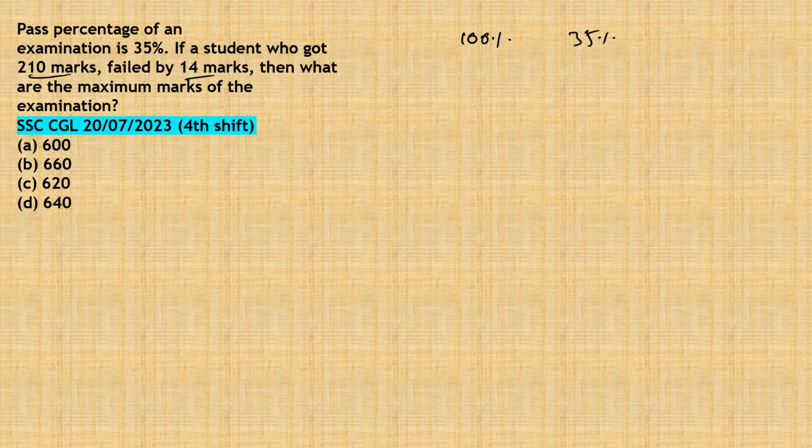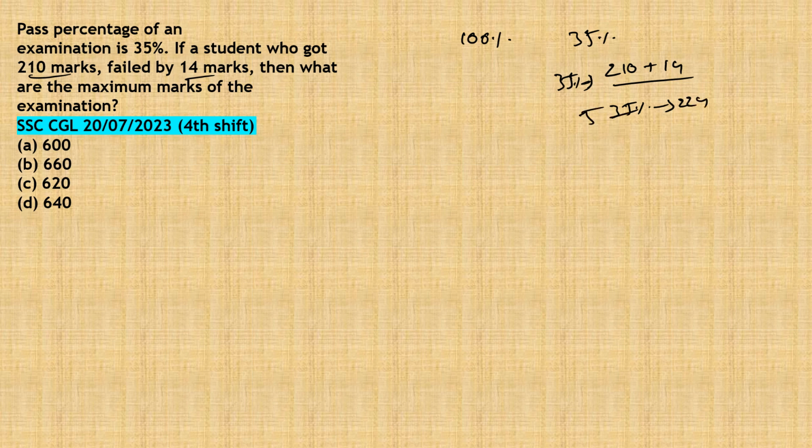A student scored 210 marks but failed by 14 marks. If he had scored 14 marks more, he would have passed the exam. So 210 plus 14, which is 224, denotes 35%. We need to find 100%.